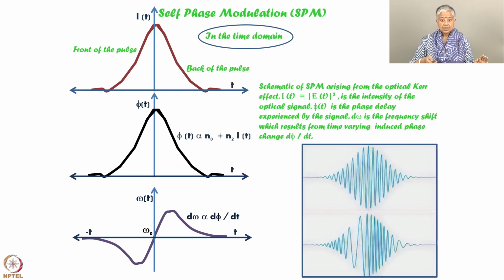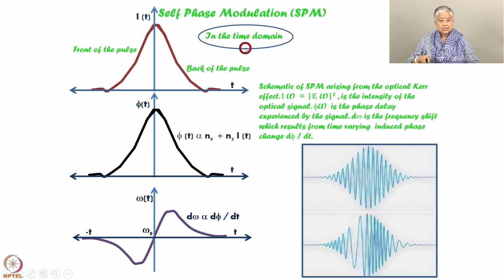Self phase modulation occurs in the temporal domain. So here do not get confused, just think about it a little bit. The original slide I showed was in the spatial domain, and this slide is dedicated to the time domain.